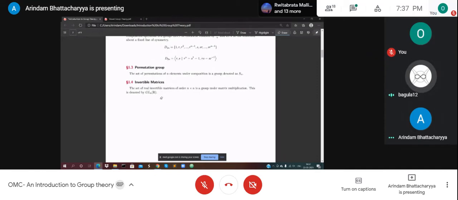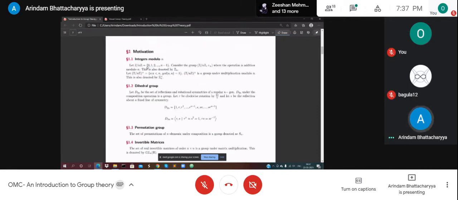For the identity matrix, this is an n cross n matrix, and you take one along the diagonal and zero everywhere else.